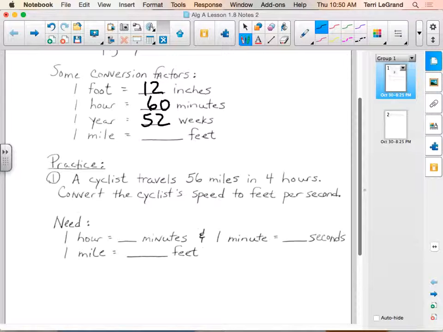When somebody says to you, for $100, how many weeks are in a year? You're going to be able to say 52! Okay, I'm glad we did that one. 1 mile is how many feet? Julia? 5,000. I think it's 6.